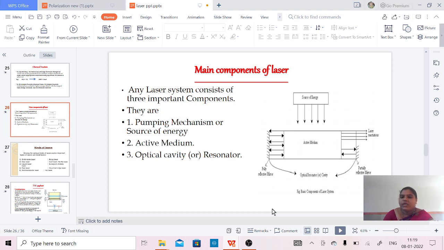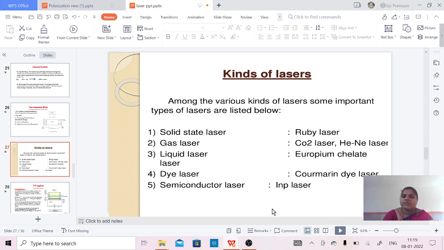One end has a fully reflecting mirror and the other end has a partially reflecting mirror, forming the optical resonator or cavity. All the pumping mechanisms have examples in the solid state laser, gas laser, liquid laser, dye laser and semiconductor laser. These are all the kinds of lasers.